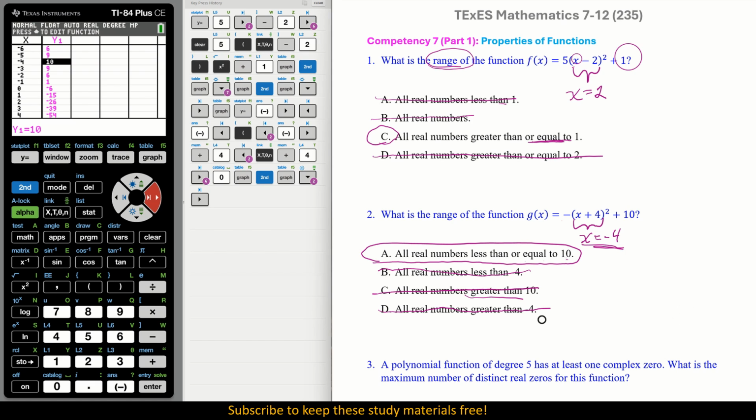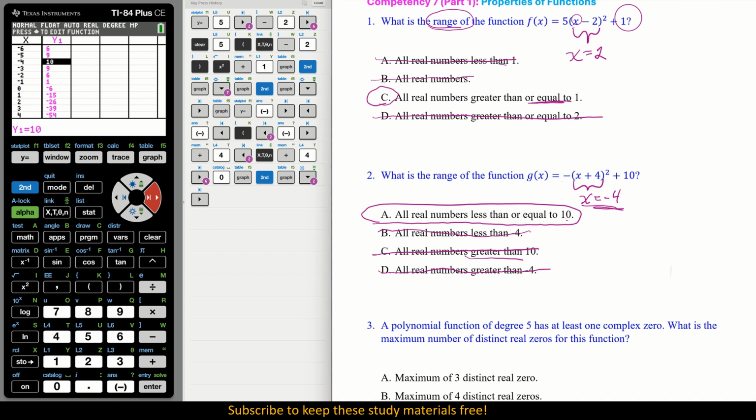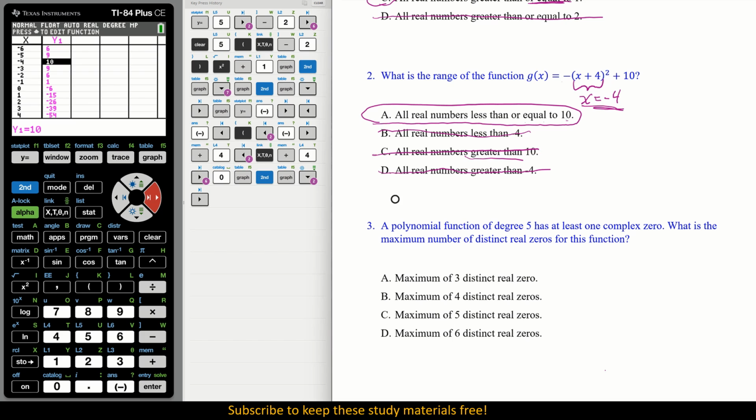All right, so let's look at number 3. It says a polynomial function of degree 5 has at least one complex 0. What is the maximum number of distinct zeros for this function? This is a trick question. Complex numbers have to come in pairs.